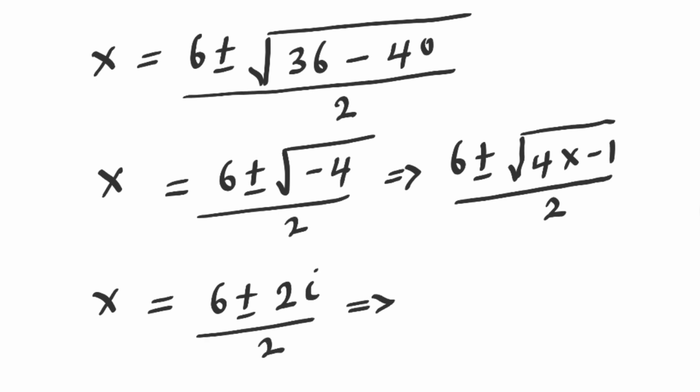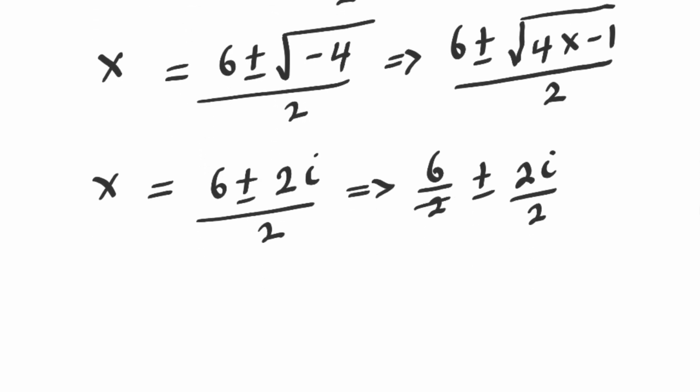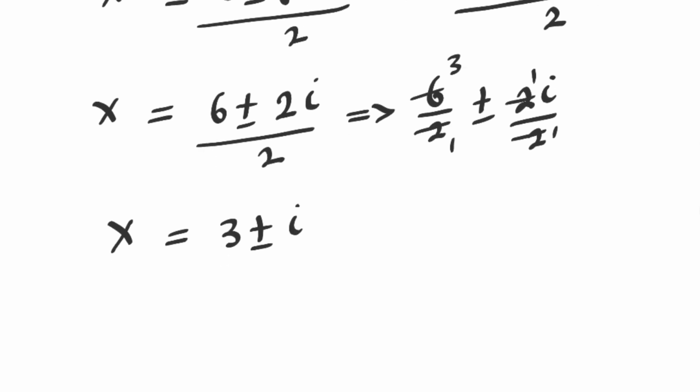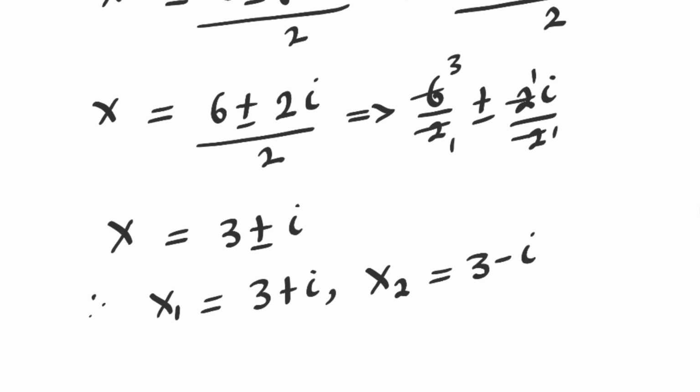This can be written as 6 divided by 2 plus or minus 2i divided by 2. 2 here 1, 2 here 3, 2 here 1, 2 here 1. x is equal to 3 plus or minus i. Therefore, x1 is equal to 3 plus i and x2 is equal to 3 minus i.